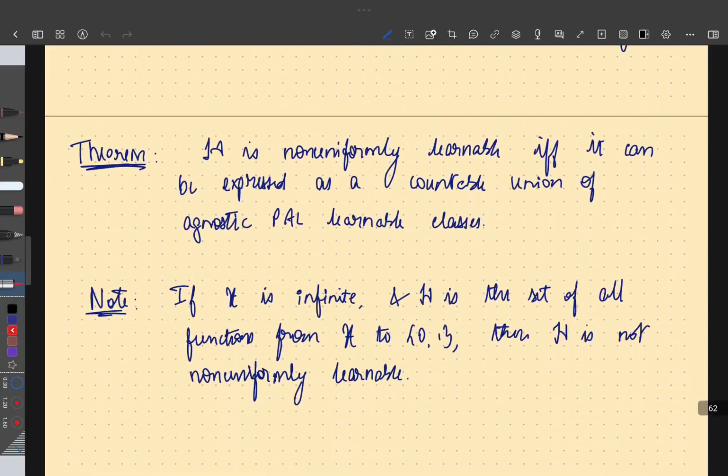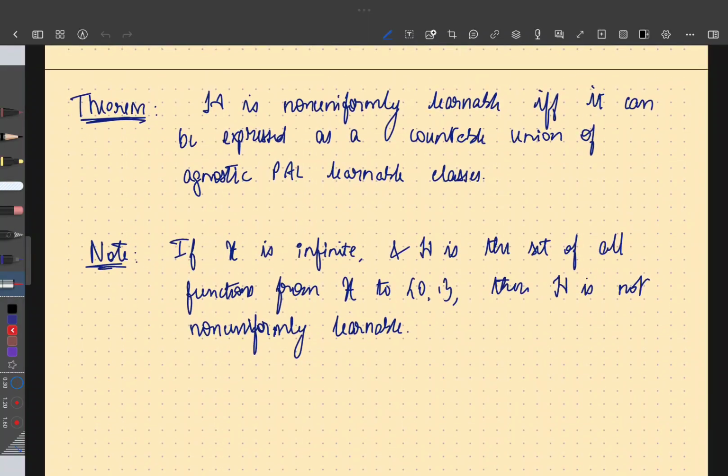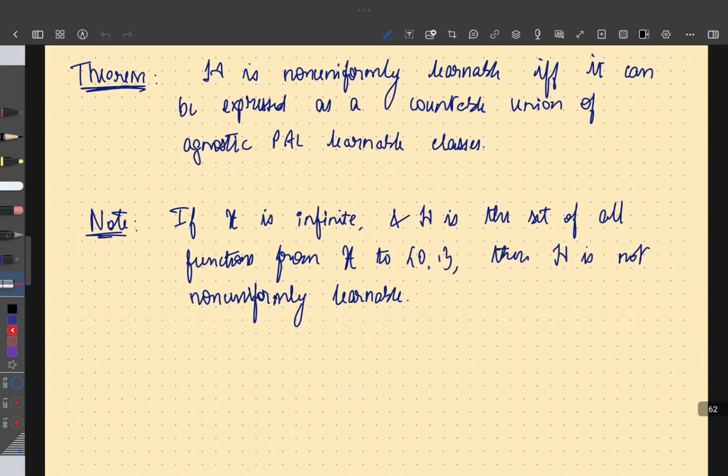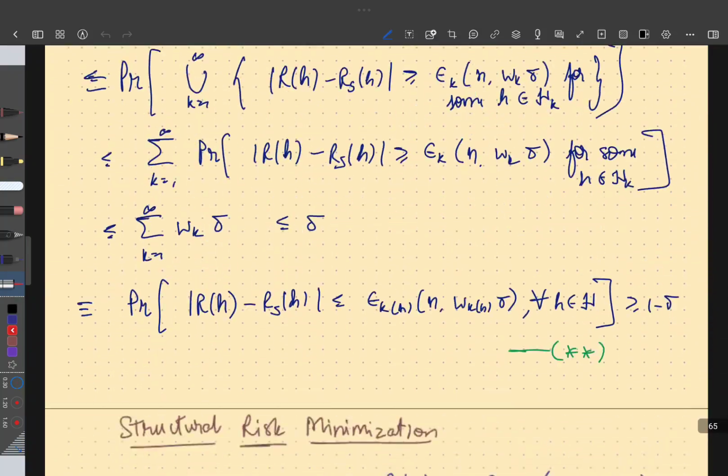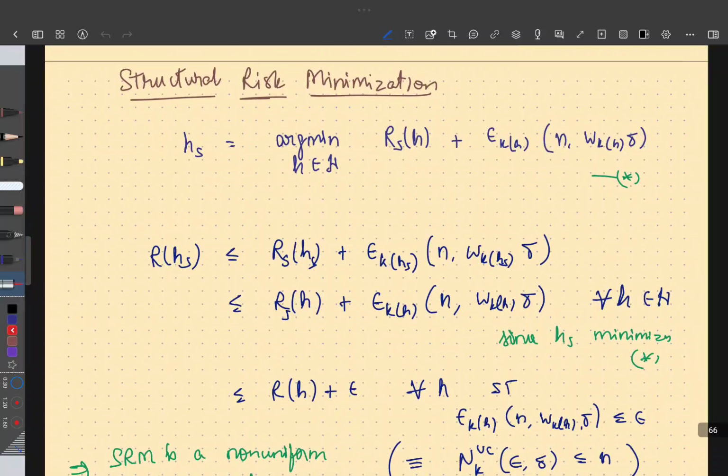And we saw that non-uniform learnability is only possible if you can express the hypothesis class as a countable union of agnostic PAC learnable hypothesis classes. And for such hypothesis classes, we also have a learner. ERM is not going to work because ERM would look through the entire hypothesis class and look for the one that minimizes the empirical risk.